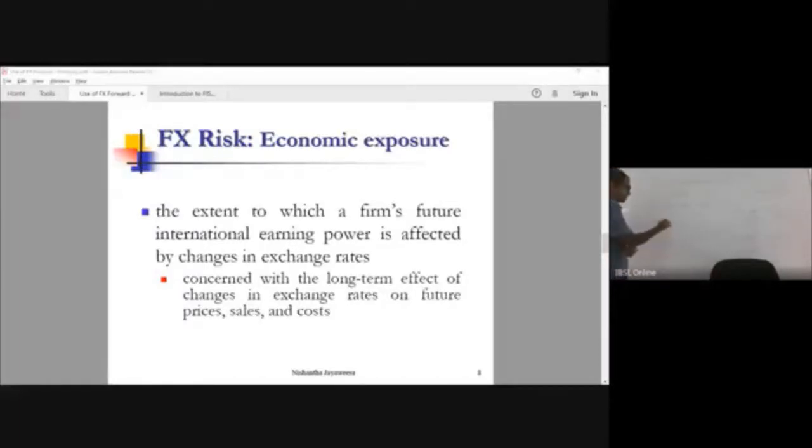In terms of rupees, the price is 420 rupees. Say this is the price with this profit margin and everything.